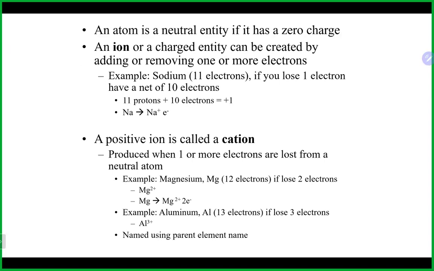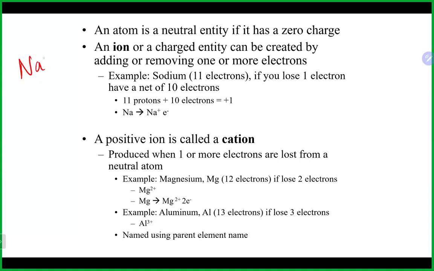When we look at our cations, as we talked about, that is when somebody loses electrons. So if we look at something like sodium, which is a metal, neutral sodium will have 11 protons and 11 electrons. But when sodium loses an electron, it will then become an ion.